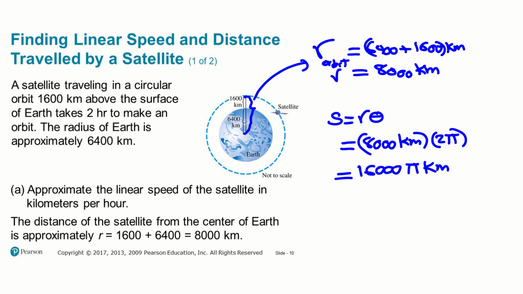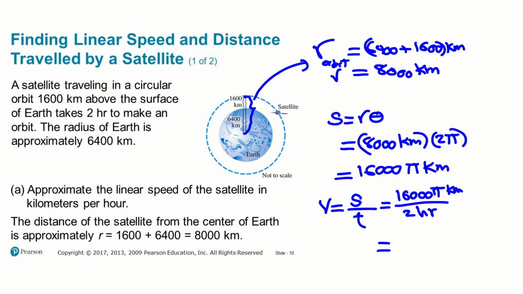Of course, that's just the distance that was covered during the revolution, and to get the actual linear velocity, we need to take that distance and divide it by the time that it took for that distance to get covered. So we get 16,000 pi kilometers divided by, and remember this took place in 2 hours, so 2 hours.